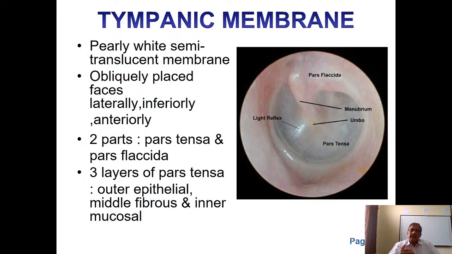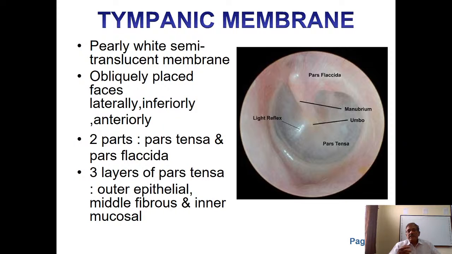So, in the pars flaccida, the fibrous layer is not so well developed, or it's not present, and there are only two layers, the skin and the mucous membrane.